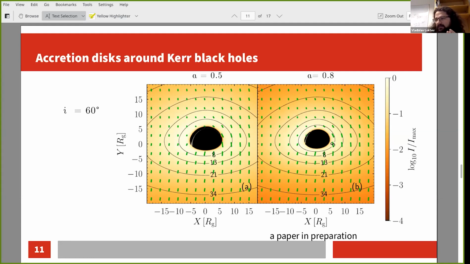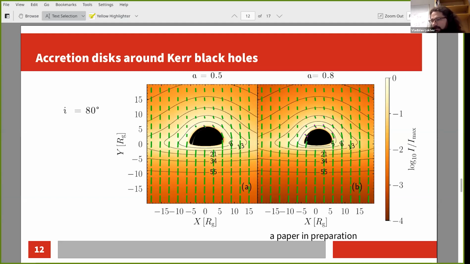Their length is the polarization degree, and the angle is the polarization plane rotation direction. On the left is spin 0.5 and on the right is spin 0.8. So I would say that is quite a big spin here. And this is for a moderate inclination of 60 degrees.